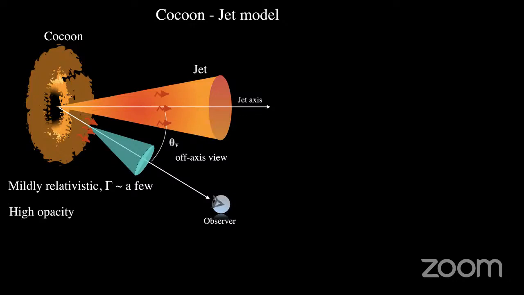Because it is mildly relativistic and has higher opacity, the expected spectrum from there is more thermal or Comptonized. So you can see the similarity. If you're seeing a thermal spectrum, you can also ask whether it can be coming from a cocoon or not. So this is what we are going to look at.